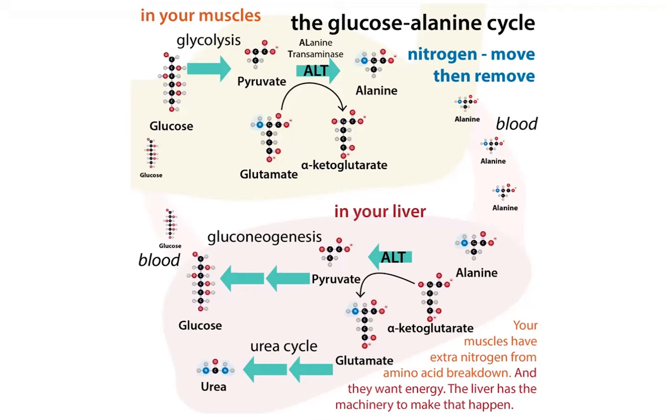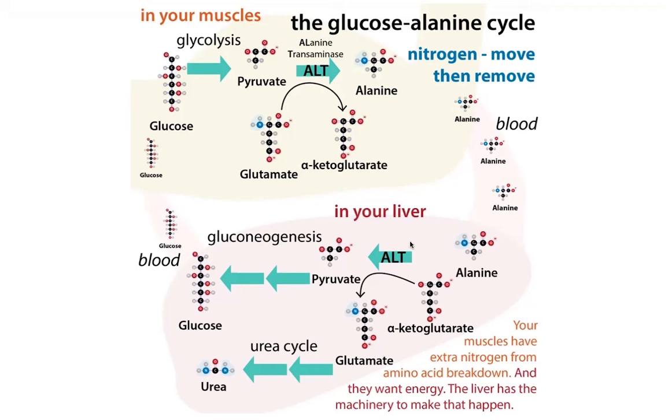The liver's got to take care of the amino group, but the liver's got the urea cycle, so the liver can do that. So the muscles send out this alanine, and then the alanine gets taken into the liver. The liver can then take the amino group off of alanine using alanine transaminase. Just like we saw our muscles use alanine transaminase to aminate pyruvate to give you alanine, in your liver, you're going to aminate α-ketoglutarate from alanine to give you glutamate.